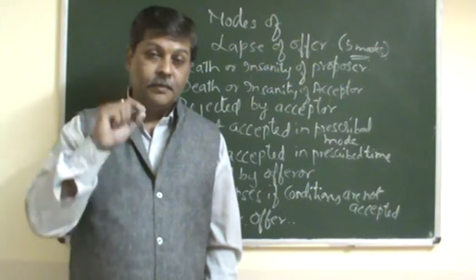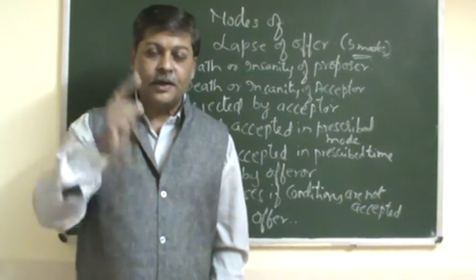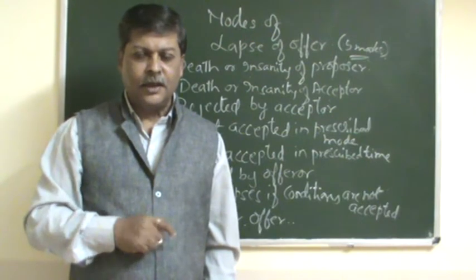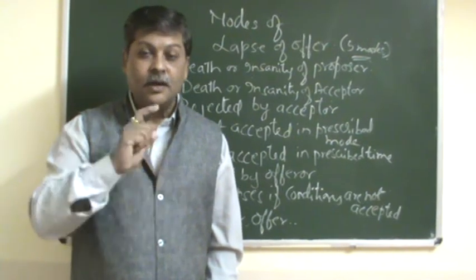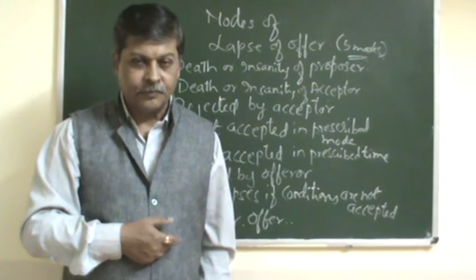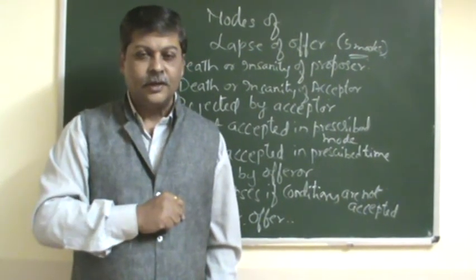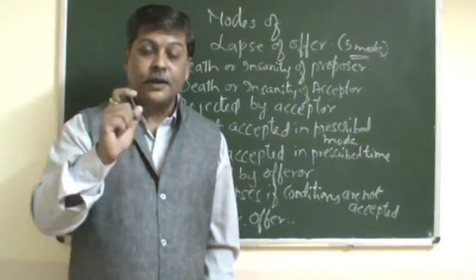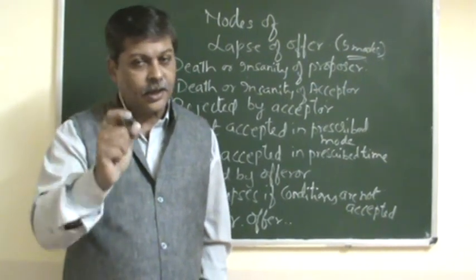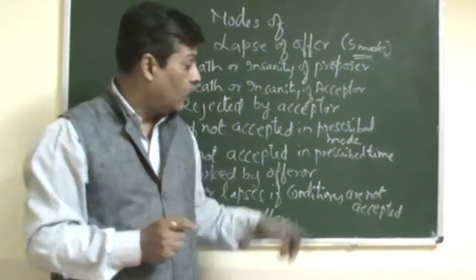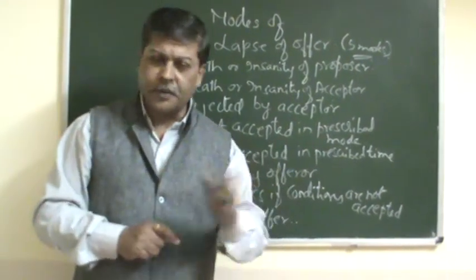So what is the prescribed mode? Through the phone he has to give the acceptance. Immediately the acceptance must be given by telephonic message. If that prescribed mode is mentioned, the person to whom the offer is made has to follow it, whatever mode may be prescribed.